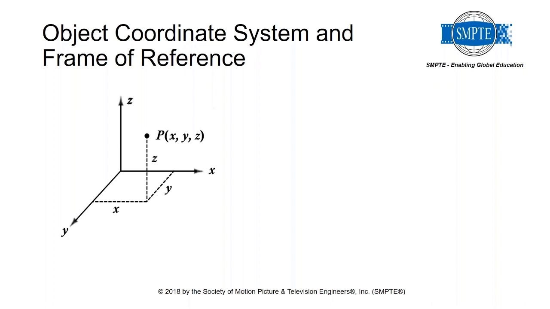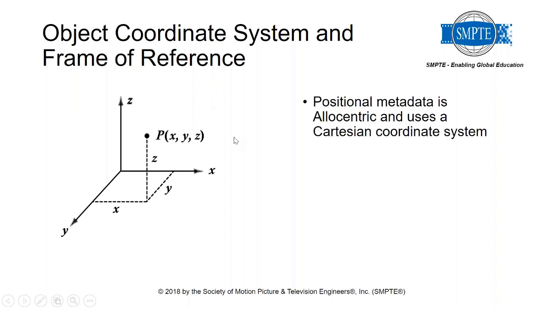So that's great if you're talking about the entire universe, but we wanted to constrain that a little bit. So basically for this spec, positional metadata is allocentric, and that means it's based on relative positions relative to certain reference points in the playback environment.